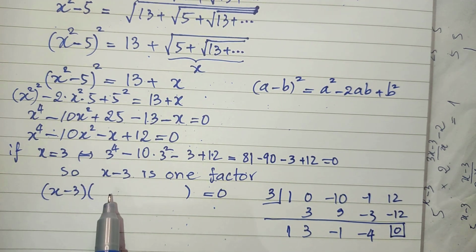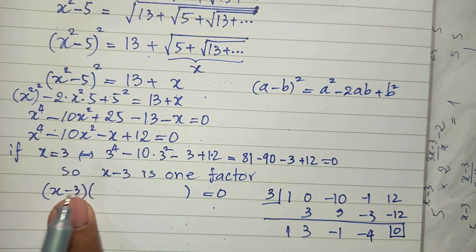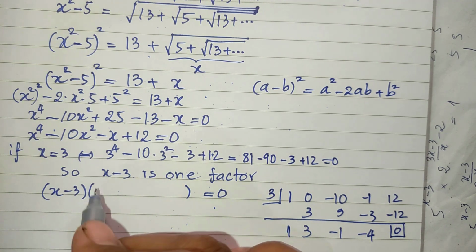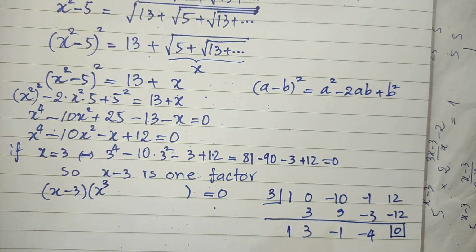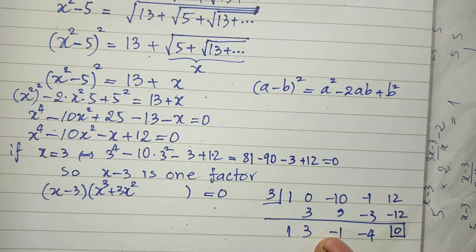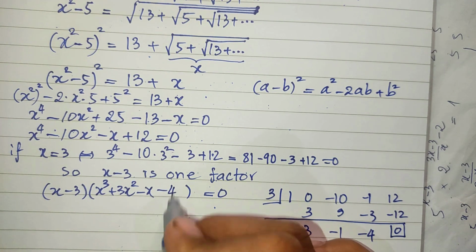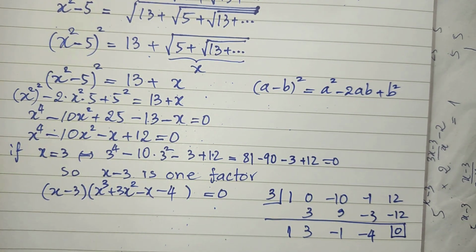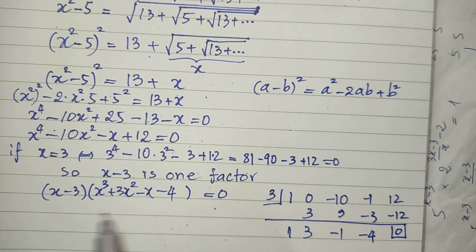So our equation in factors is h to the power 3 plus 3h squared minus h minus 4.